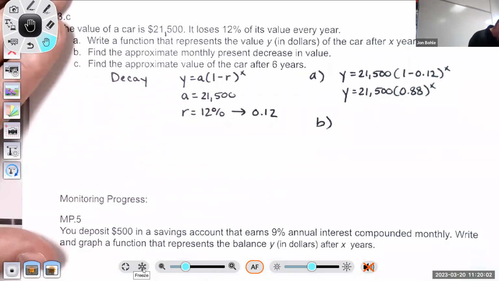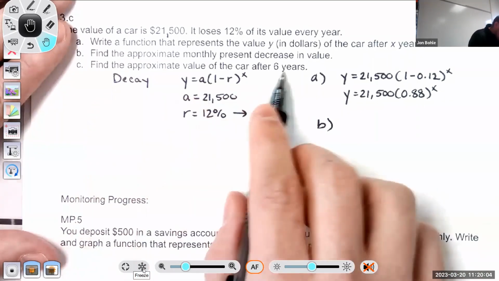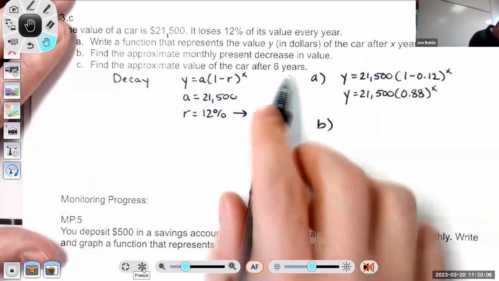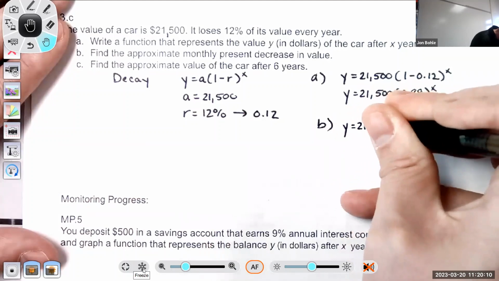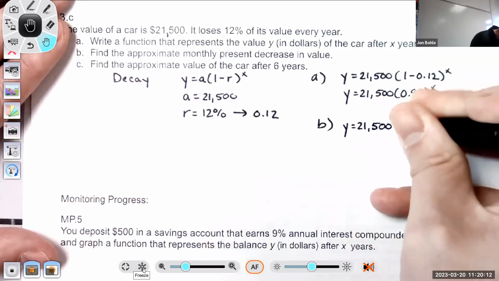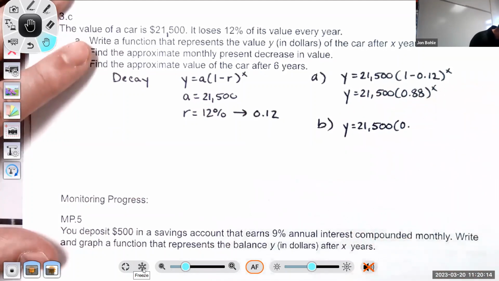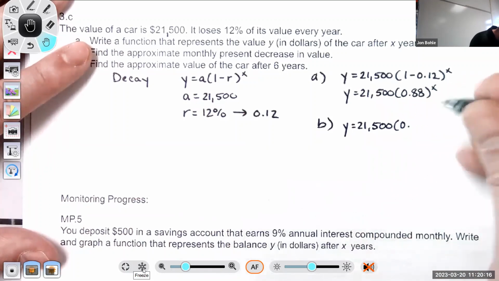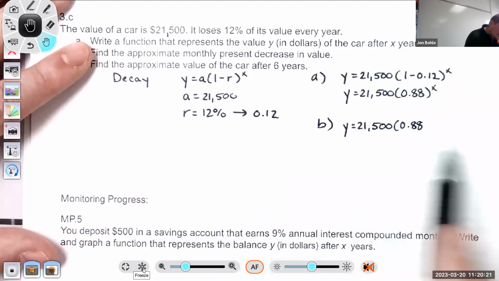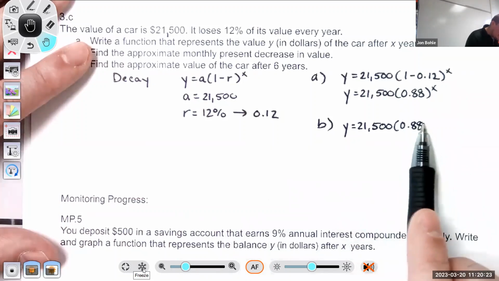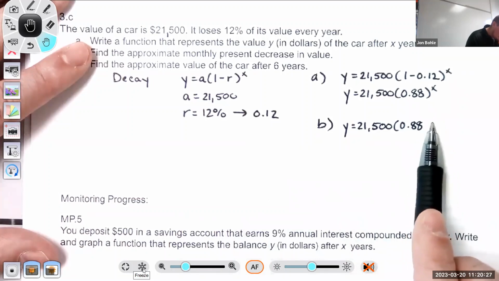All right. I'm going to have to step aside here in a second and look this up. If I want the yearly approximate monthly decrease, I'm going to have to figure out how many times in a month it is, if it was compounded monthly.